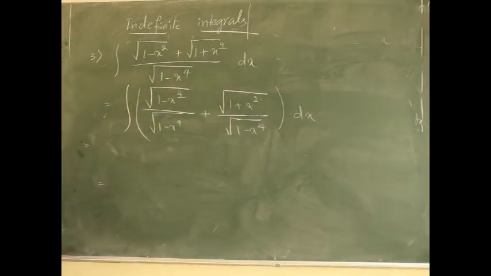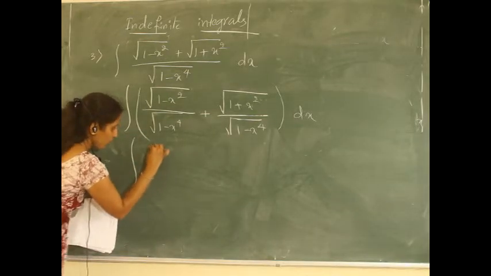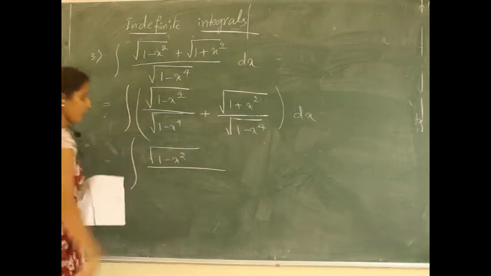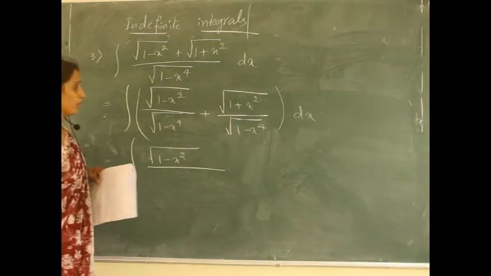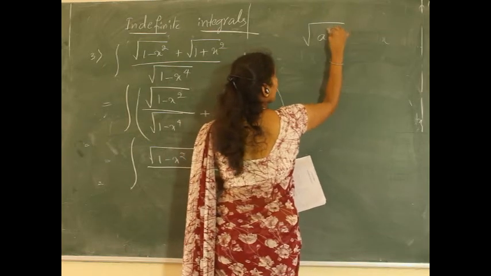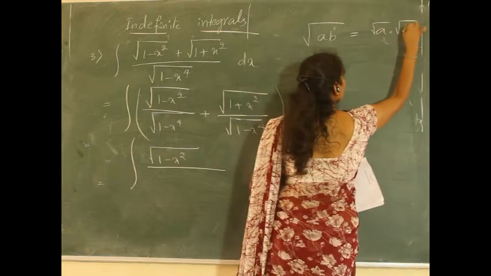So what can we do now? Take the integral of root of 1 minus x square divided by root of 1 minus x power 4. We know that root of ab can be written as root a into root b.